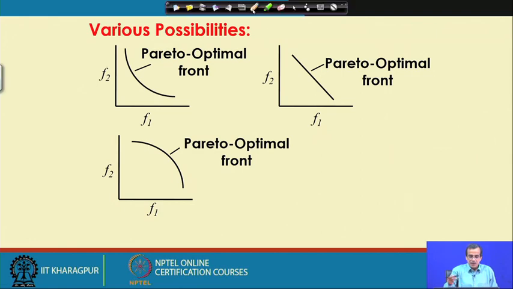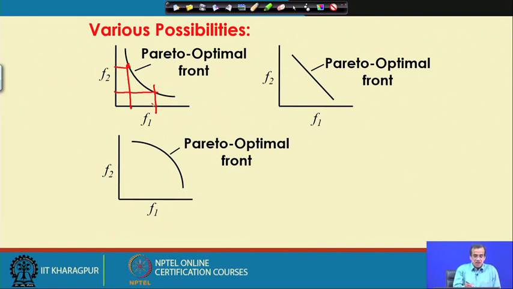Supposing these are cost and accident rate. If I select a particular point on this front, this is my f 2 and this is f 1. If I consider a higher value of f 1, I will get a smaller value for f 2.